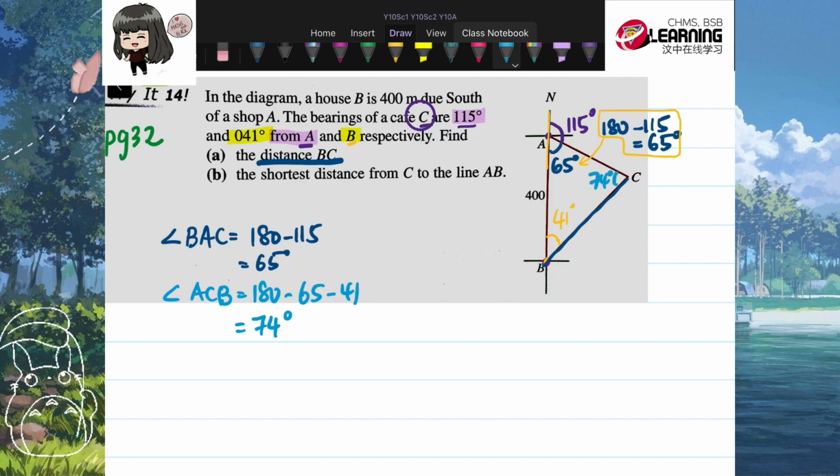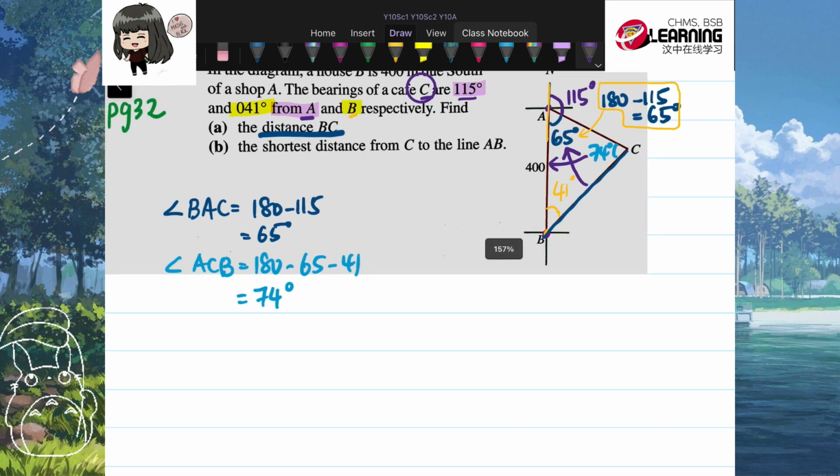Now we can use our sine rule to do this question, because we are finding BC. The length of BC comes with this opposite angle, 65, and for the 74 angle, the opposite length is 400.